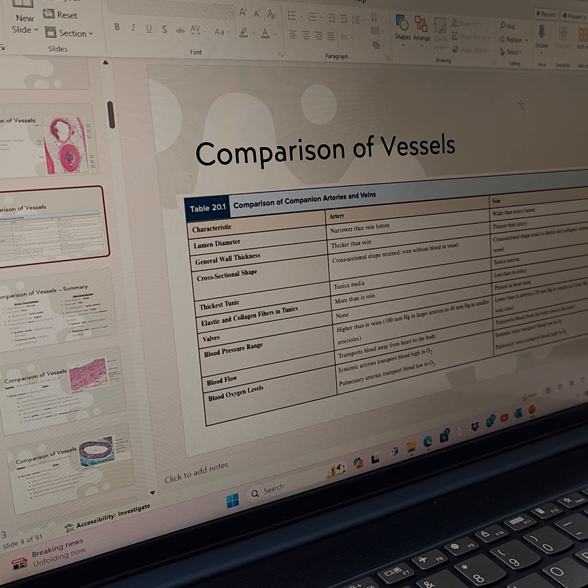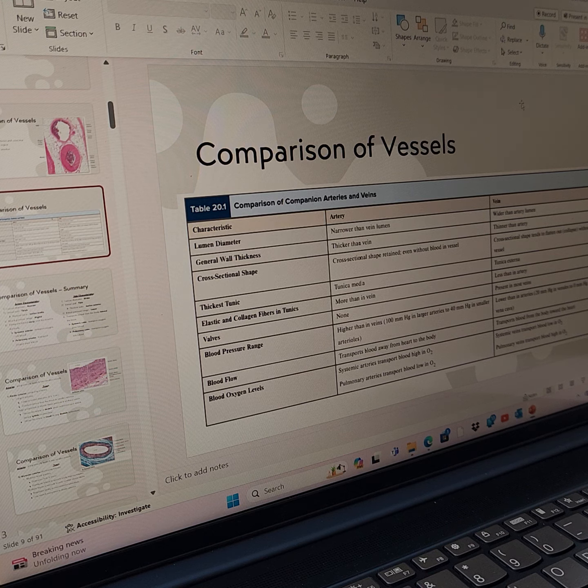Arteries don't have valves. Valves are present in most veins. Blood pressure range in arteries is higher than in veins, generally 100 millimeters Hg in larger arteries to 40 millimeters Hg in smaller arterioles.